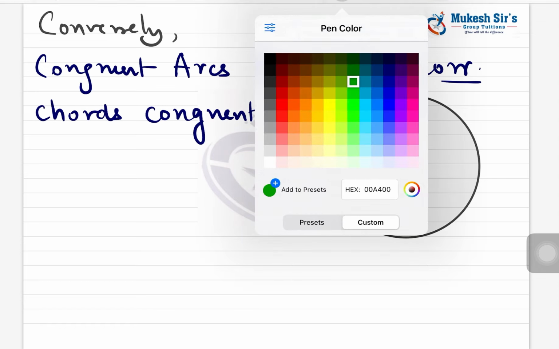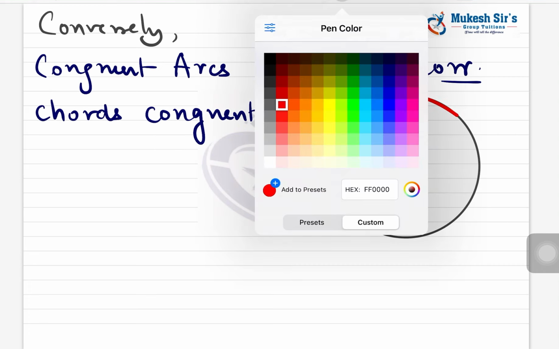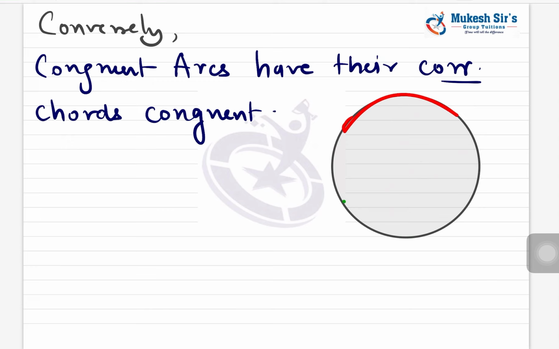So here, if this chord is congruent to this chord, then the arcs are also congruent.